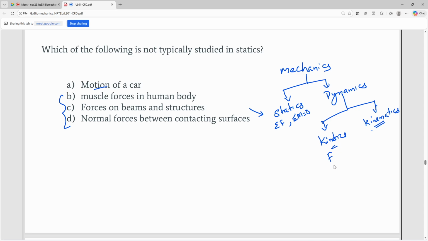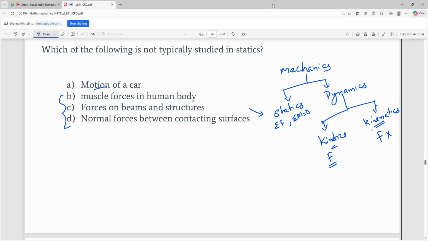So here force is considered, there force is not considered. That's the difference. Why I am explaining this is, we already explained Denavit-Hartenberg and also motion of linkages, which we will be calling kinematics, forward kinematics and inverse kinematics.